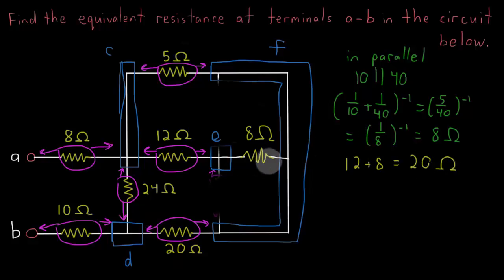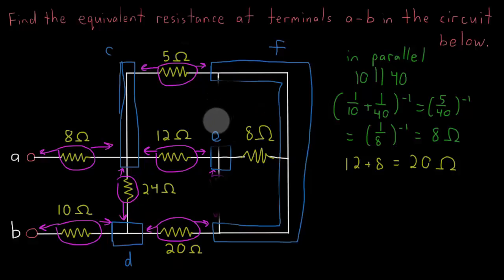And when we draw out that new combined resistor for resistors in series, we can actually delete the node in between those two. And when we draw our new resistance, we can draw it anywhere as long as it connects to the two terminal nodes, which is node C for the left side of the 12 ohm resistor, and node F, which is the right side of the 8 ohm resistor.